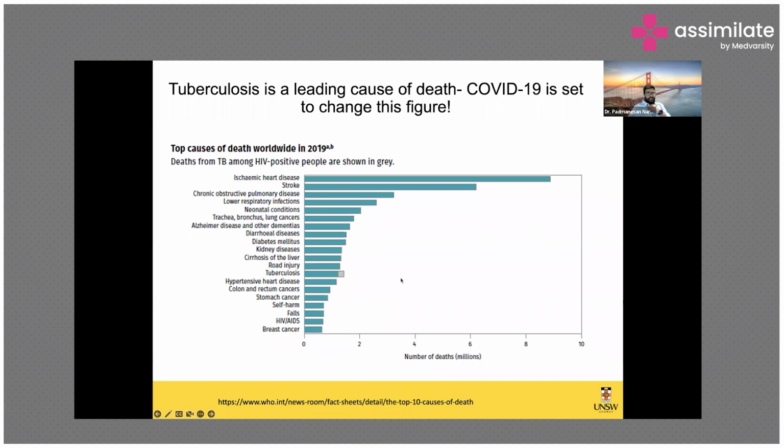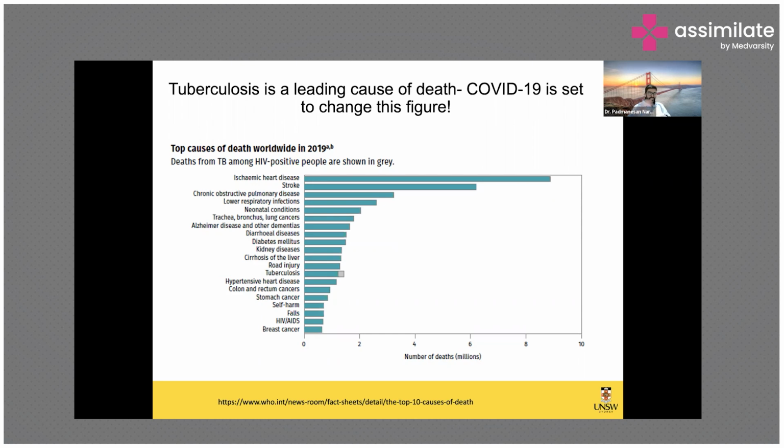So before we go into that app thing, let's just go through this slide. This is the top 10 causes of death in the world globally. And this was from 2019, just before COVID, but still relevant.